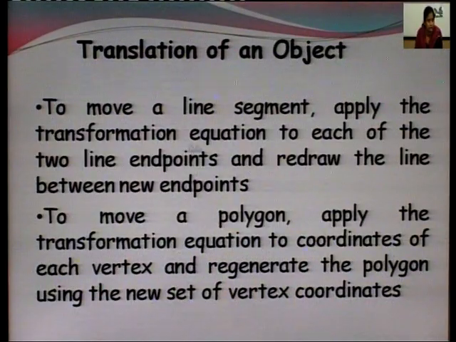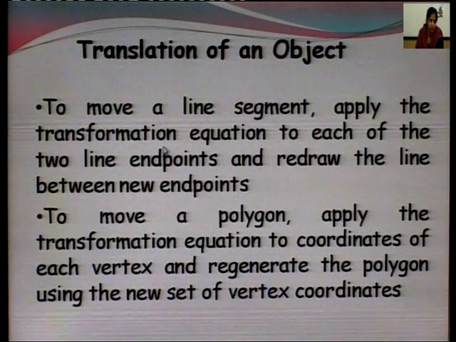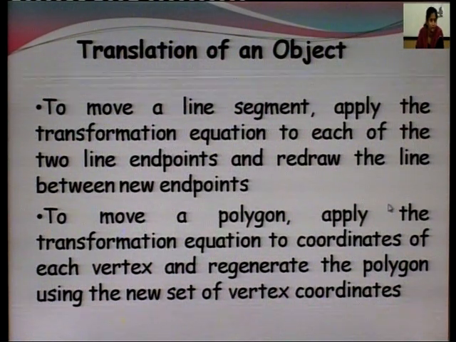For example, if the object is a line segment, then to move it, apply the transformation equation to each of the two line endpoints, because a line in graphics packages is defined by two endpoints. If we know the endpoints of the line, we can draw the line with the help of a line drawing algorithm. So how to perform the translation of a line? You apply the translation transformation to the two endpoints and redraw the line between the new endpoints.